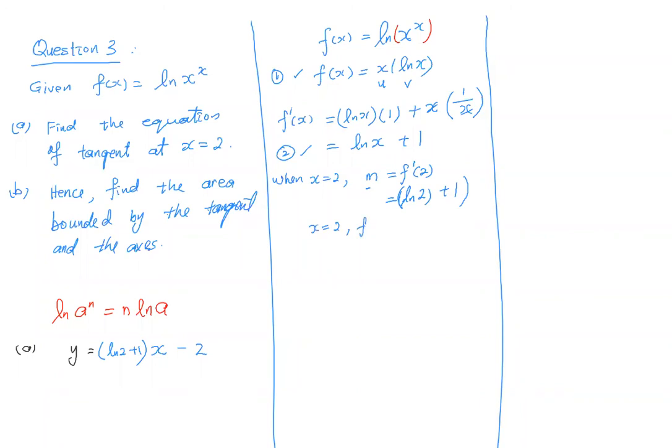What is f of 2? That is the y coordinate. So which one do you sub into, 1 or 2? 1. So you just sub in now. Okay, just leave it like that. It's okay. So you have a point. You have the gradient.